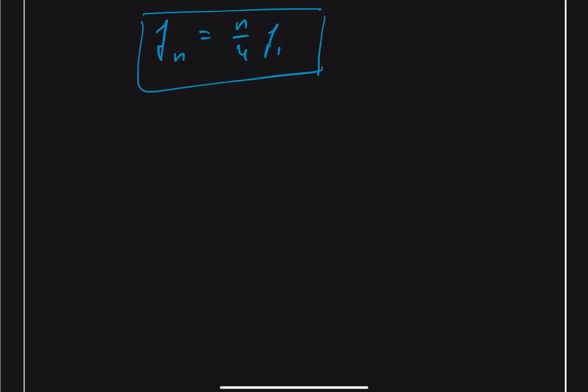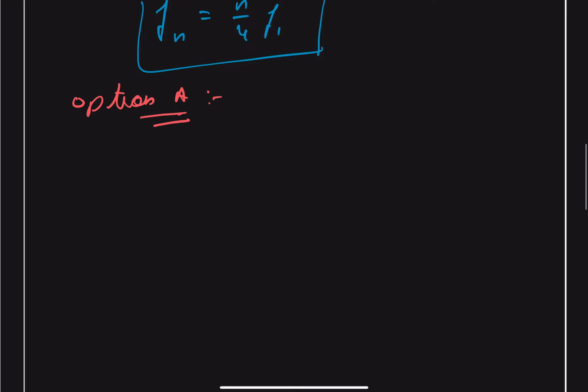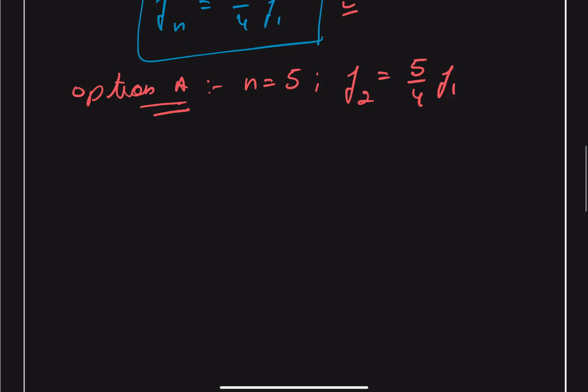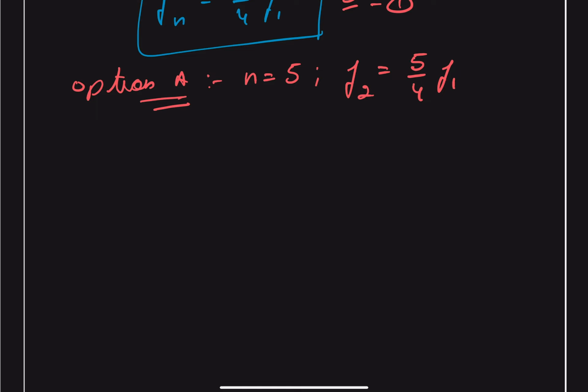Let us check option A. It is given that the value of n is 5 and f2 is equal to 5 upon 4 times f1. Let us call this equation number 1.